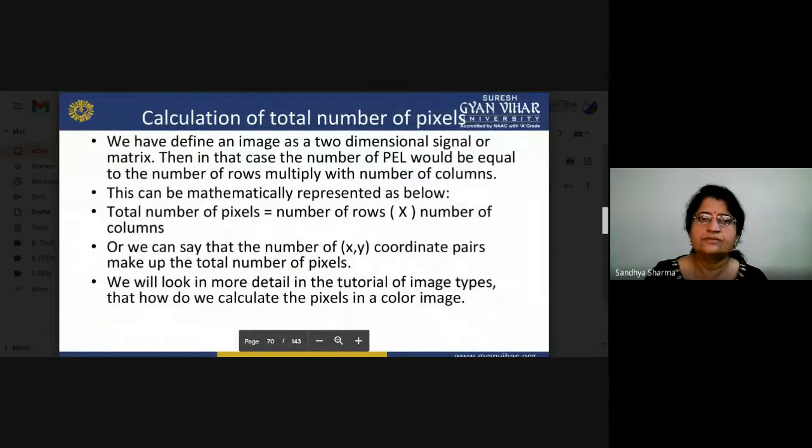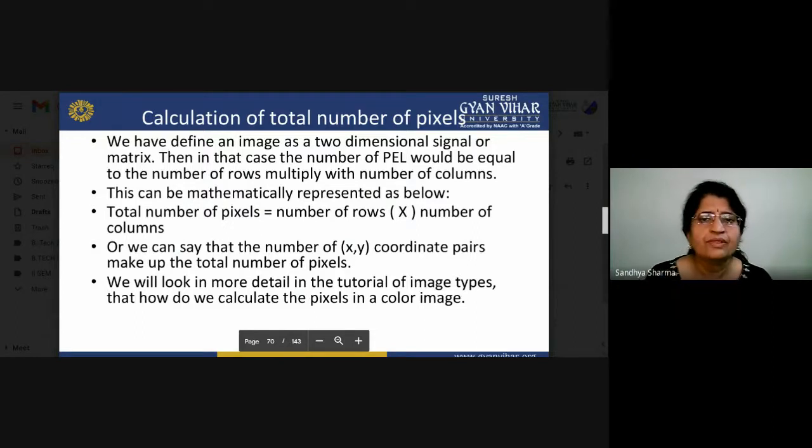Now comes how we can calculate the total number of pixels. Generally, an image is defined as a two-dimensional signal or matrix. So how can you calculate the number of pixels? The image is two-dimensional, so there are rows and columns.